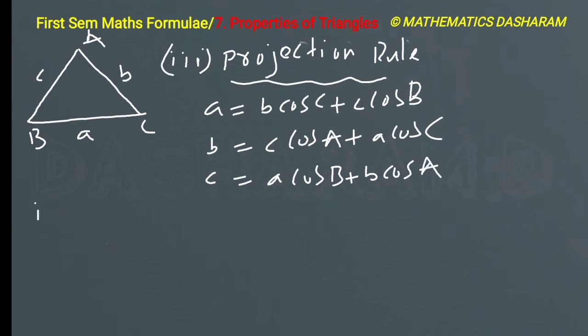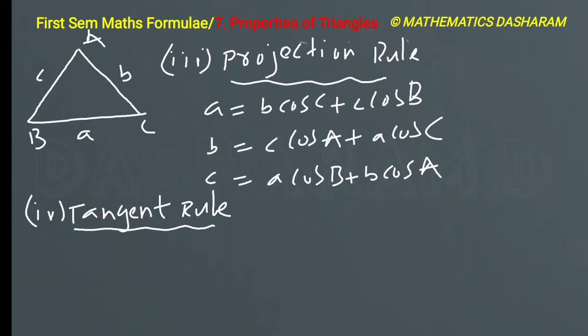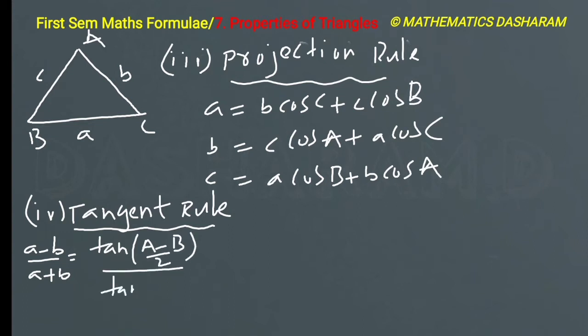Next, the fourth one is the tangent rule. In the tangent rule, the first one is (a minus b) divided by (a plus b) equals tan((A minus B)/2) divided by tan((A plus B)/2).